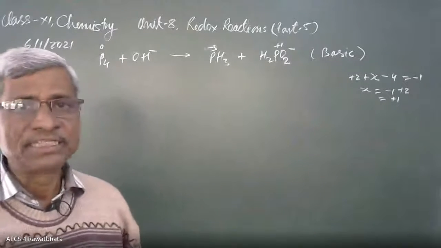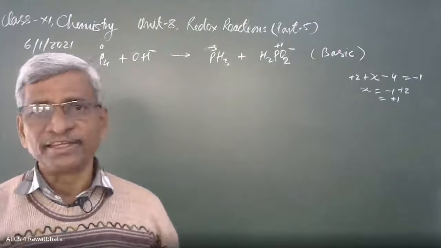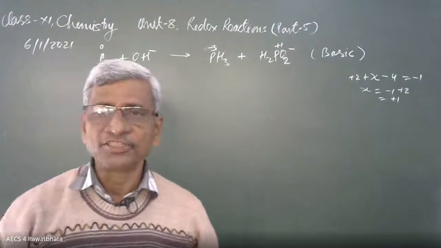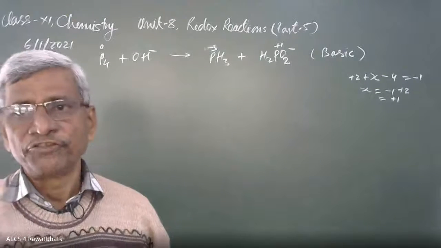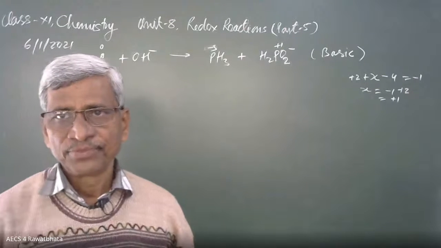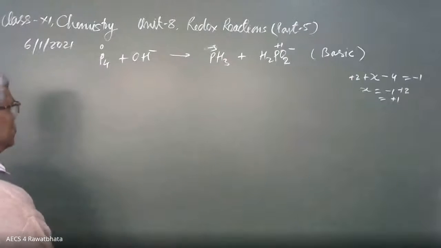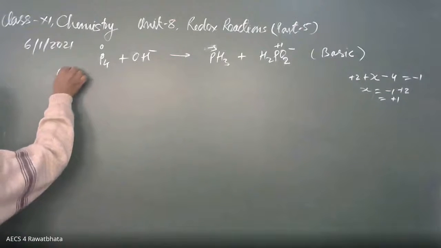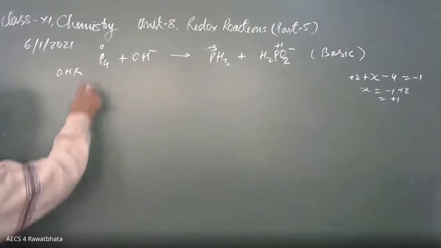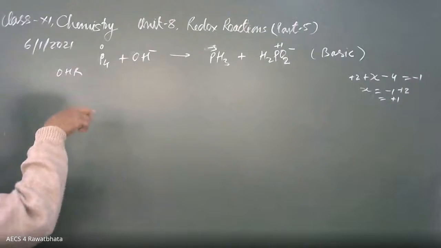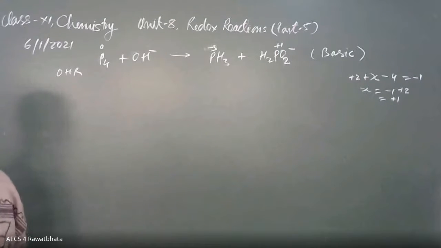If this step is clear, then you can balance the reaction easily. You can divide the reaction into oxidation and reduction half reactions easily. Okay? So, what to do? Oxidation half reaction, OHR. See that only the phosphorus is going to oxidize and reduce.